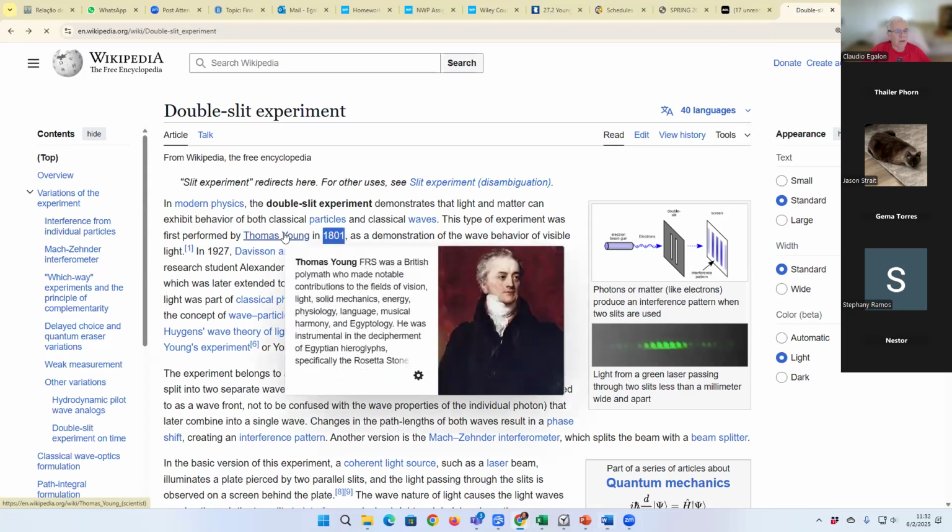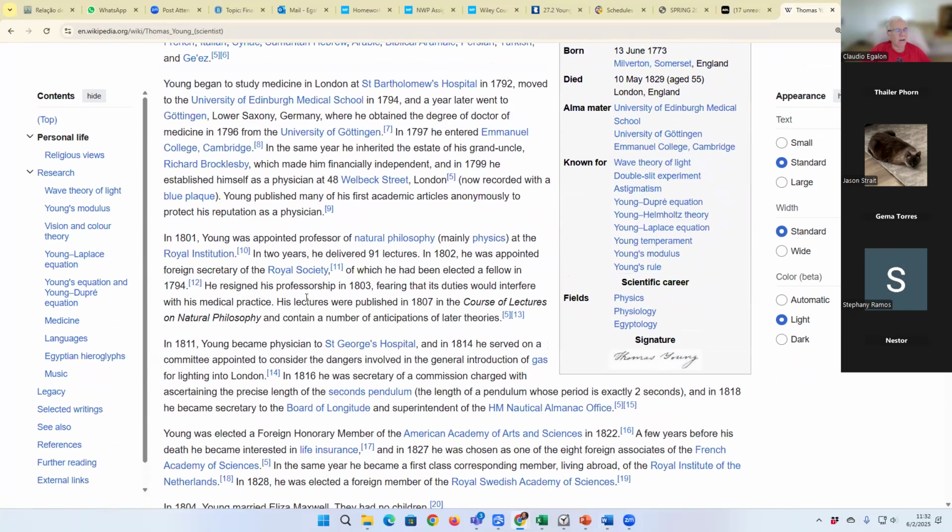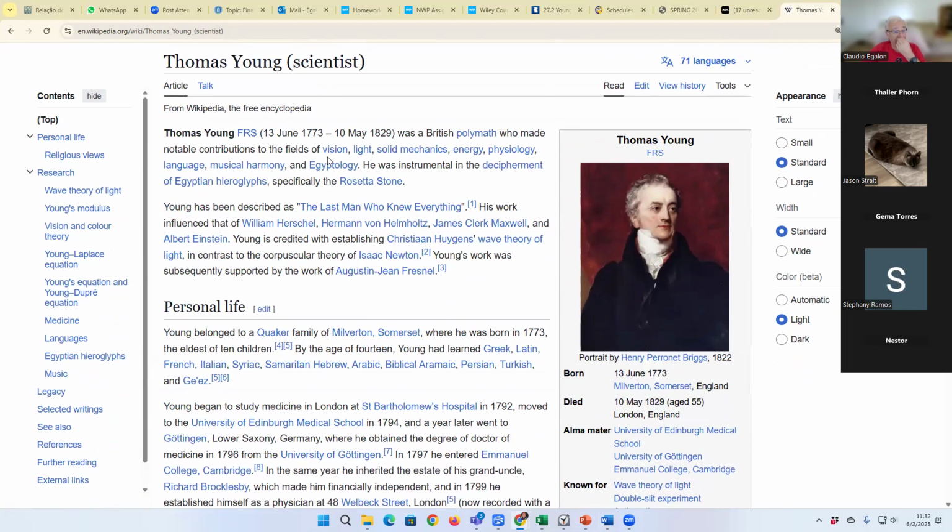So let's take a look at Thomas Young. Thomas Young, personal life. He was born in 1773, died 1829, just 56 years. He didn't live very long.